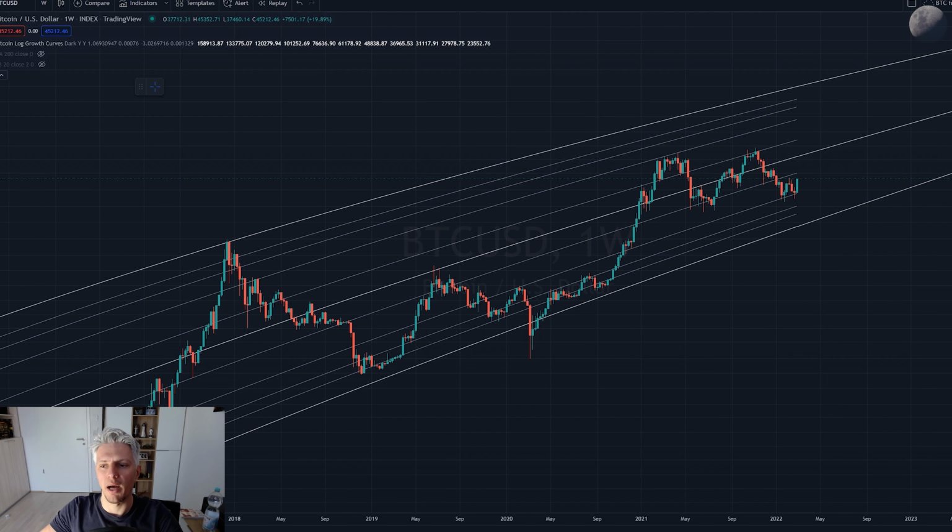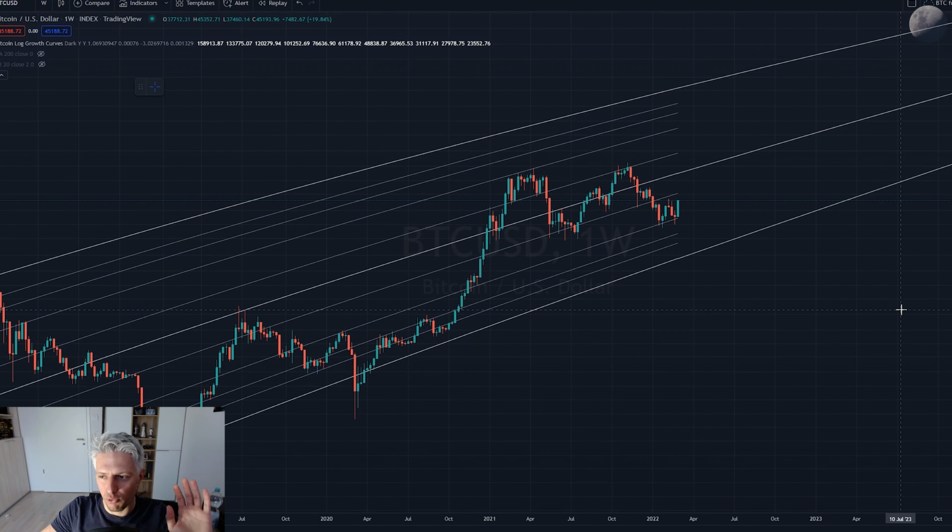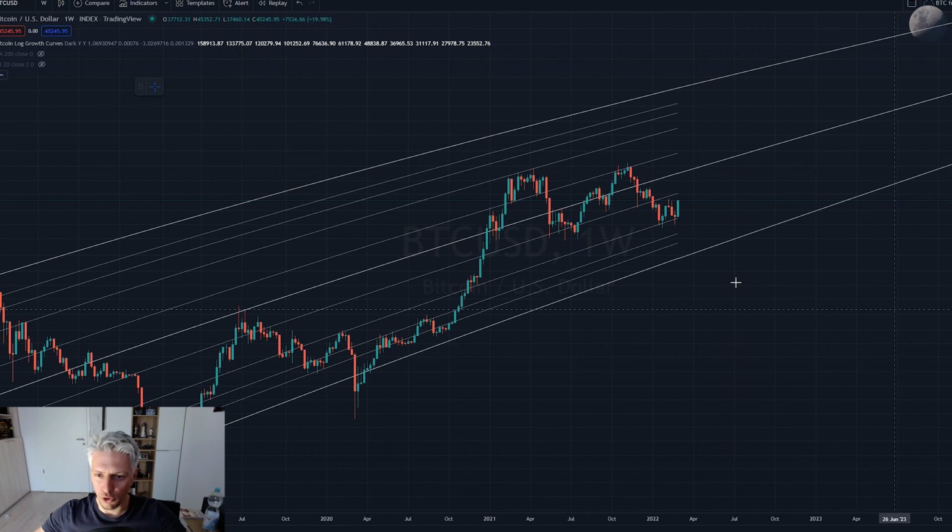So please keep in mind that this is just my opinion, and there's always the probability that something else will happen. I'm just putting out my theories and what I think is likely to happen, but you know how it is. No one knows what will happen in reality. It is kind of an unpredictable market, especially short term. Short term, almost no one will be able to tell you what's going to happen.